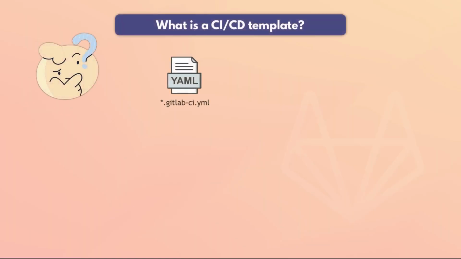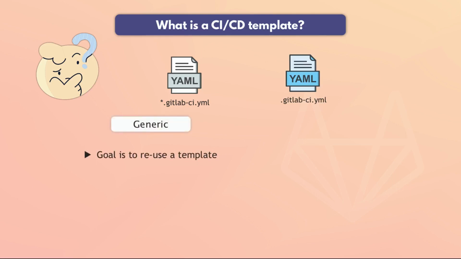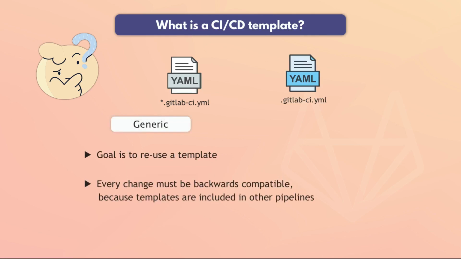So first of all, what is a template in GitLab CI/CD? Templates are basically already created GitLab jobs that GitLab makes available for its users to include in their own pipelines. But template jobs, compared to regular jobs, are generic, so that they can be reused for multiple projects with any programming language or technology stack.